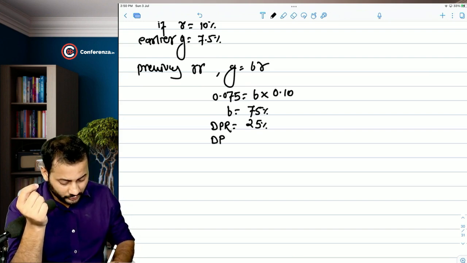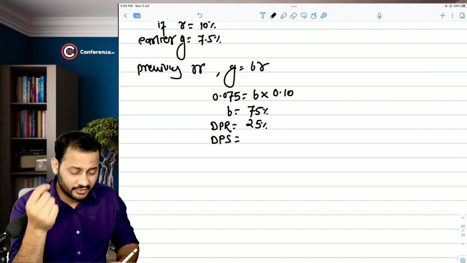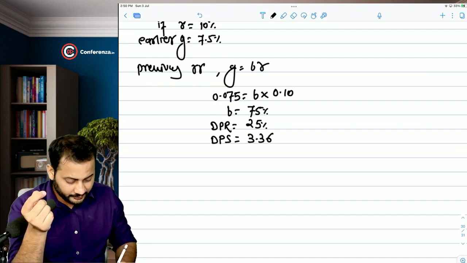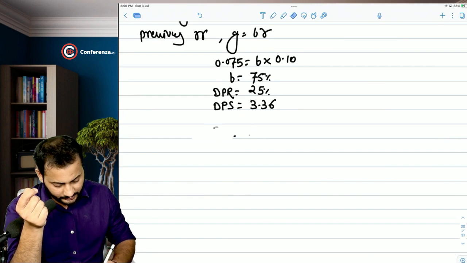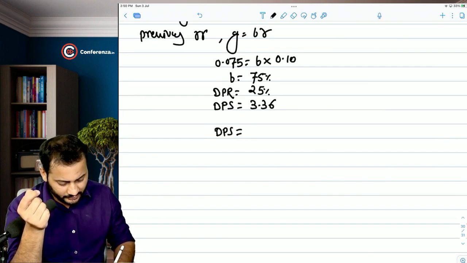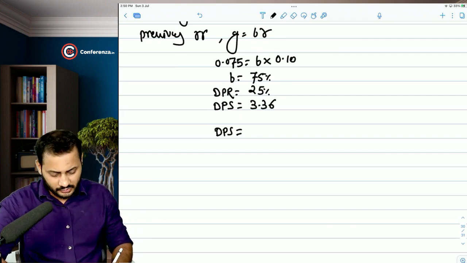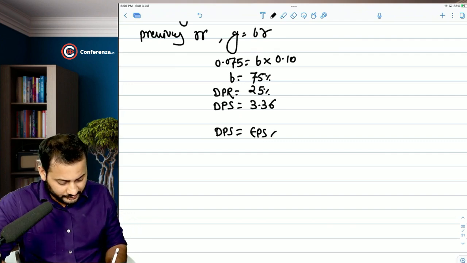And we also know the dividend per share. The previous dividend per share is 3.36. Now we know the formula of DPS. DPS is equal to earnings per share times dividend payout ratio.